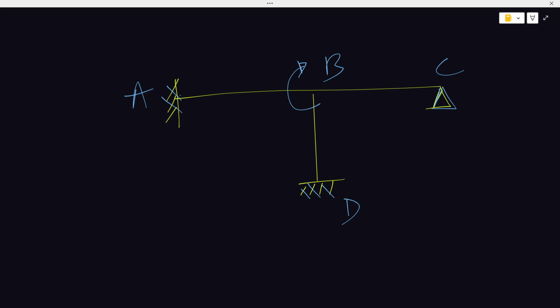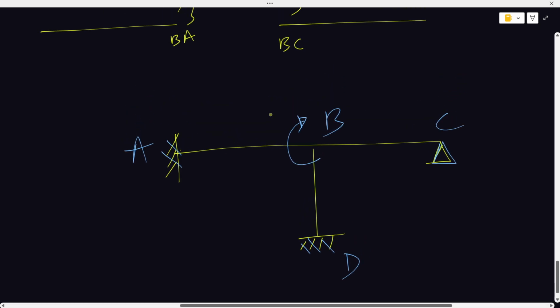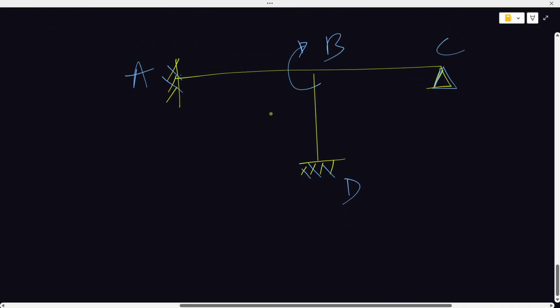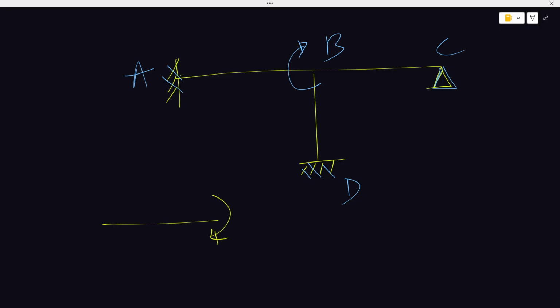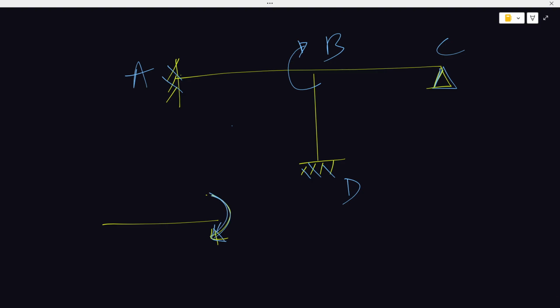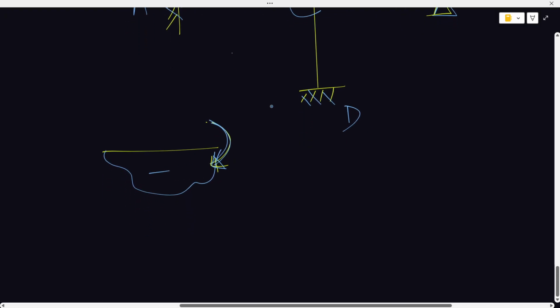Now drawing the elastic curve, of course, for member AB, considering this moment at B, this blue arrow, I'll be having negative moment, and our elastic curve would now be like this.